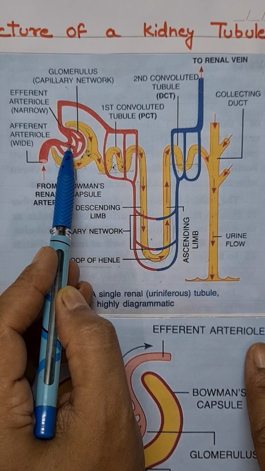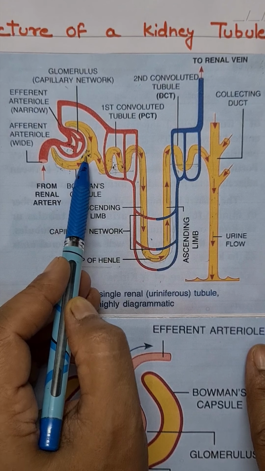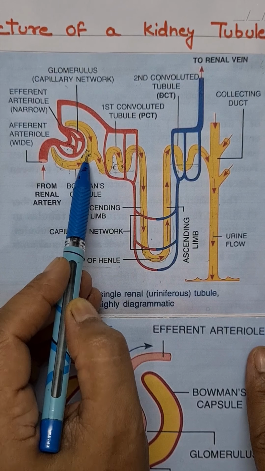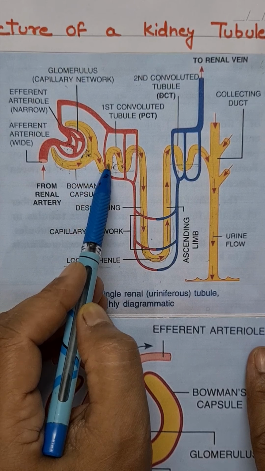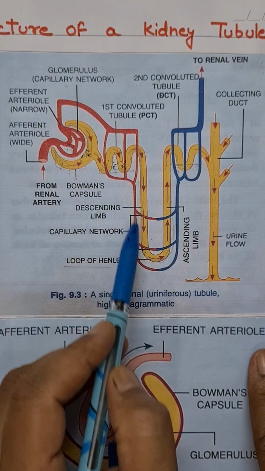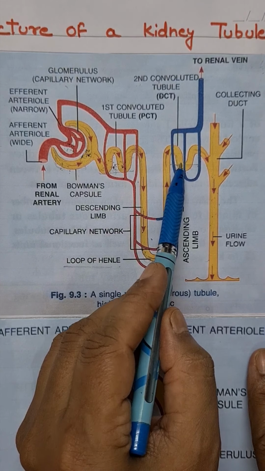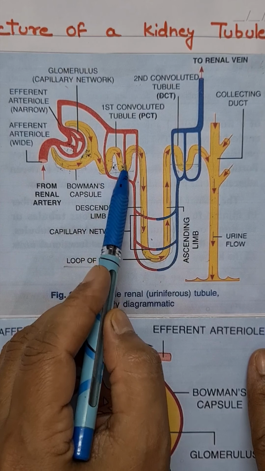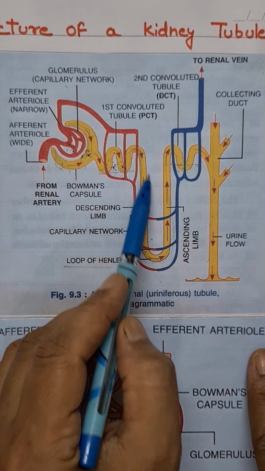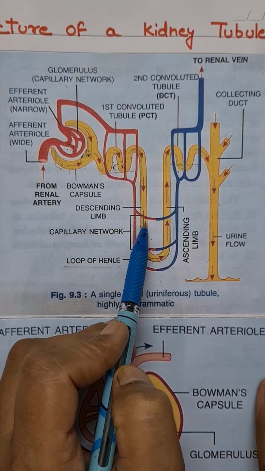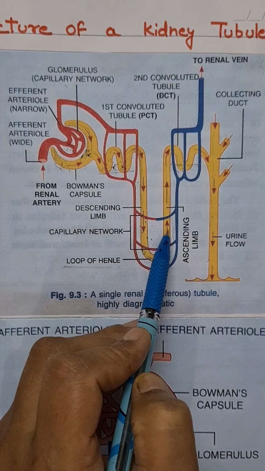So the function of the glomerulus is ultrafiltration. Bowman's capsule receives the glomerular filtrate, and then when that glomerular filtrate passes down through the parts of the renal tubule, that is the PCT, loop of Henle and DCT, these three parts, here the selective reabsorption takes place.